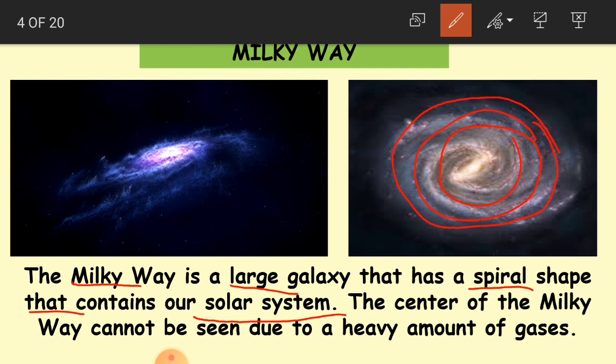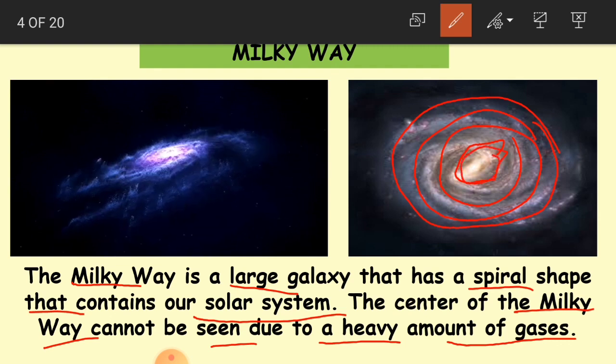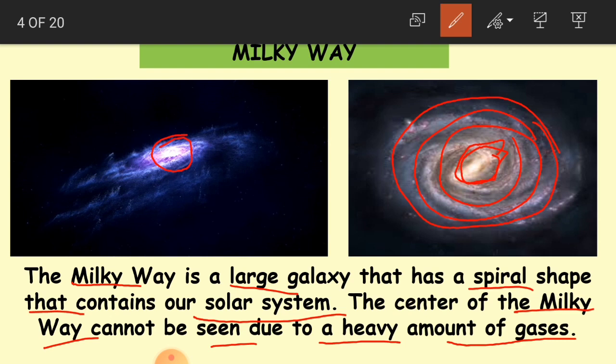And the center of the Milky Way cannot be seen due to a heavy amount of gases. Have you observed here in the picture? The center of this part, what is this? The Milky Way. See here, it is completely blocked. It is very thick and it is blocked with some color there. What is that?